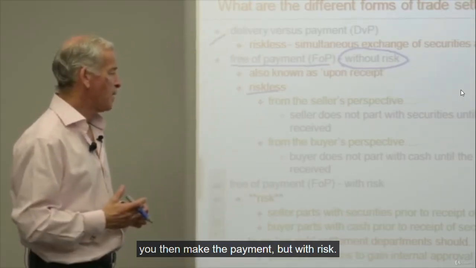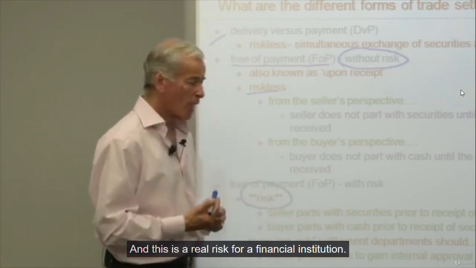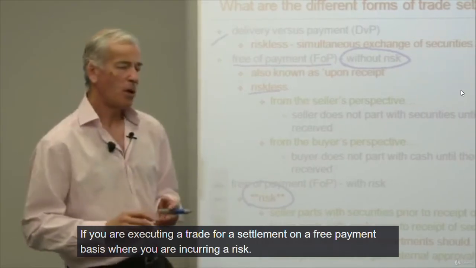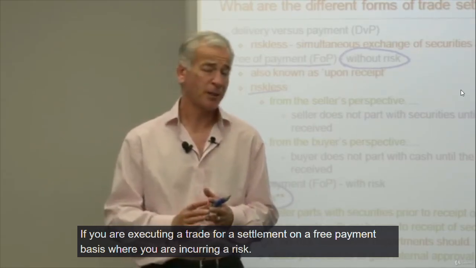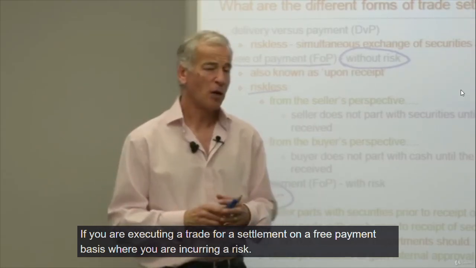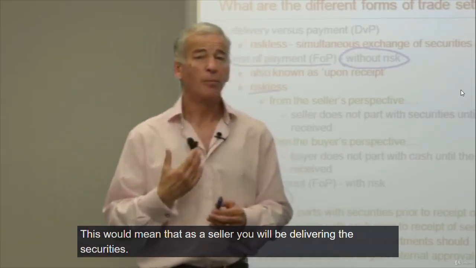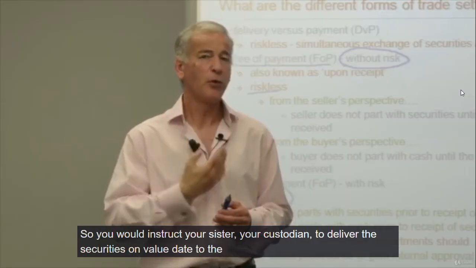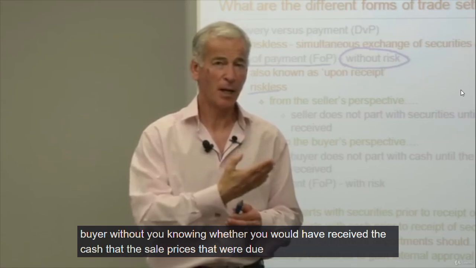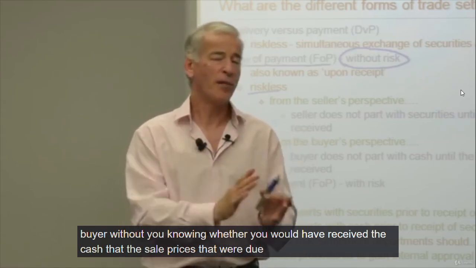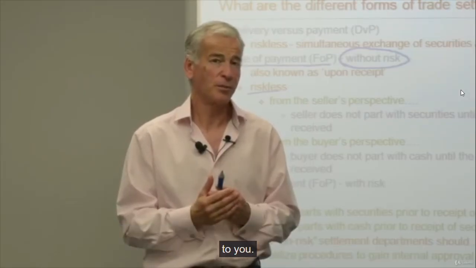But with risk, and this is a real risk for a financial institution, if you are executing a trade for settlement on a free of payment basis, where you are incurring a risk, this would mean that as a seller, you would be delivering the securities, so you would instruct your CSD or custodian to deliver the securities on value date to the buyer without you knowing whether you would have received the cash, the sale proceeds that were due to you.